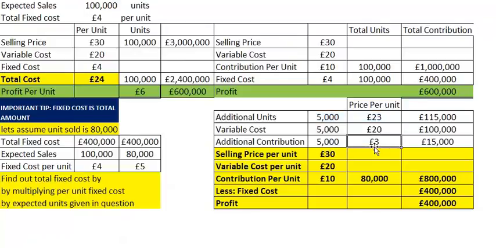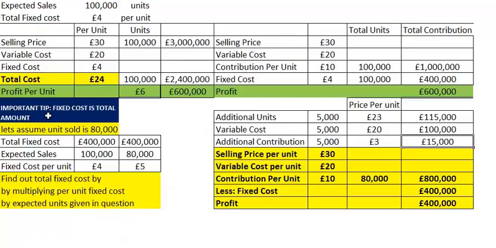When you multiply 3 pound by 5,000 additional unit, you can see because of this additional unit we are making 15,000 toward our profit, which is why this order is appropriate and we can accept this order. If additional fixed cost is incurred because of this additional order, then that additional fixed cost need to be taken into consideration as well to make a decision.